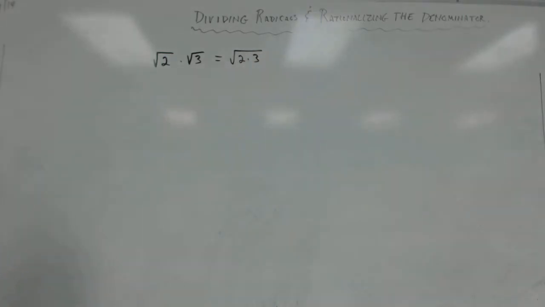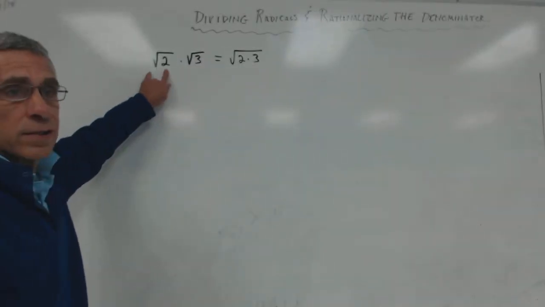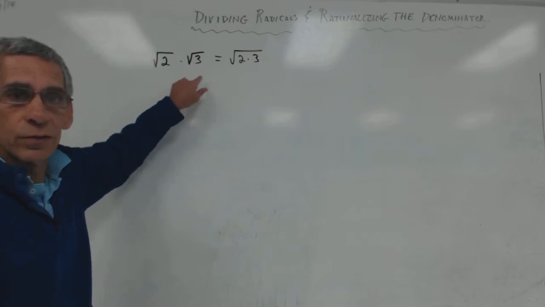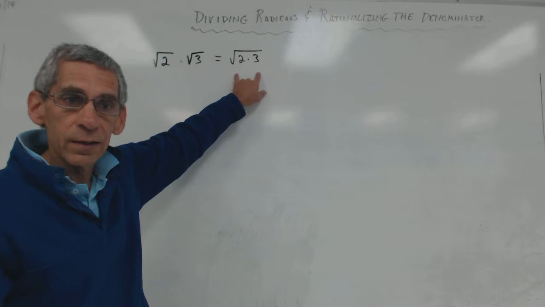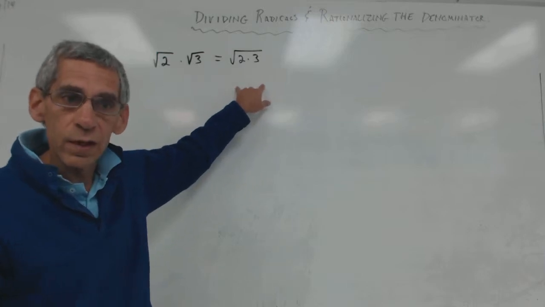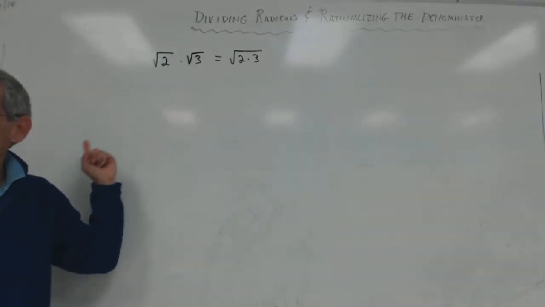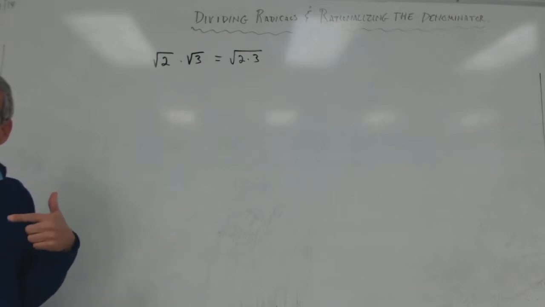So that's interesting. When you're multiplying separate radicals, you can put them under the same radical sign and have the numbers under just 1. That's true with multiplying. It's also true with division.